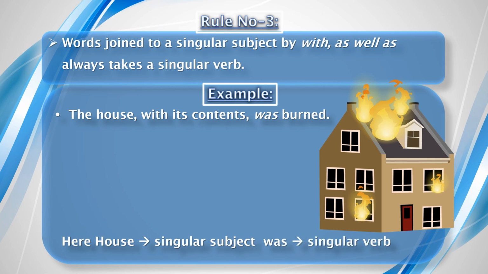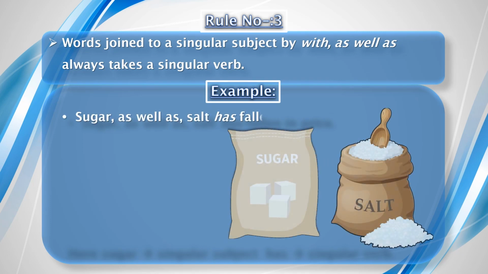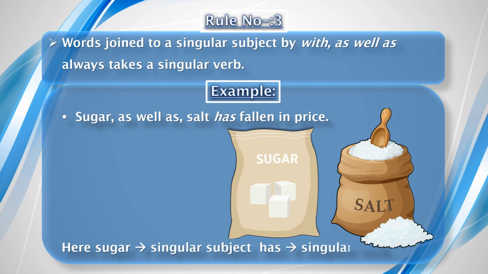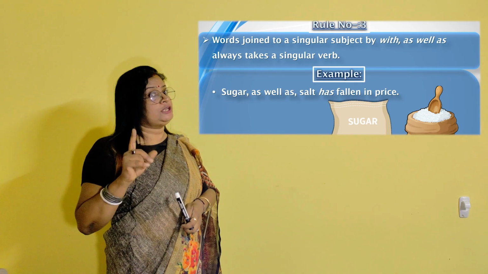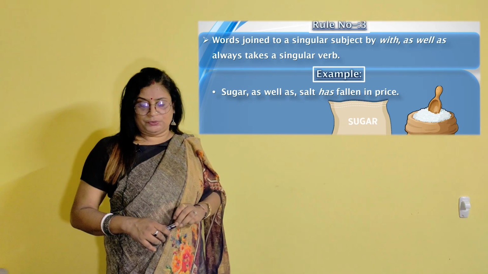Okay, not were, because we are joining it with with. Now, supposing I'm joining two nouns with as well as, then also it will be singular. See, sugar as well as salt has fallen in price, and not have fallen, because I'm joining it with as well as. Let us take another example.